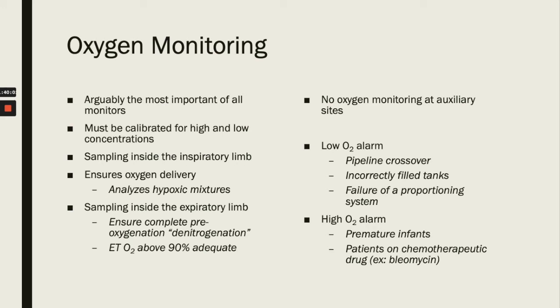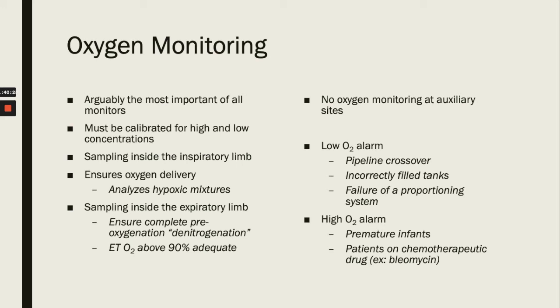And we can see this with our end-tidal O2 concentration. When it's above 90%, although we're giving 100% oxygen, that's totally fine because at least 5% of that difference of the 10% is end-tidal CO2 that's being breathed out. So an end-tidal O2 concentration that is above 90% is totally adequate for our patients.